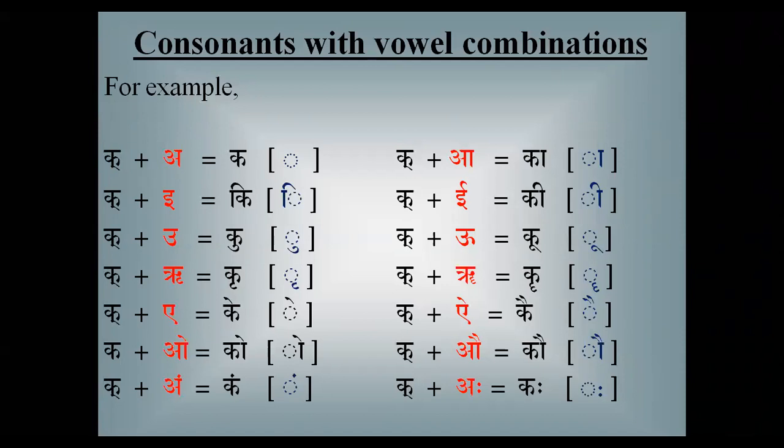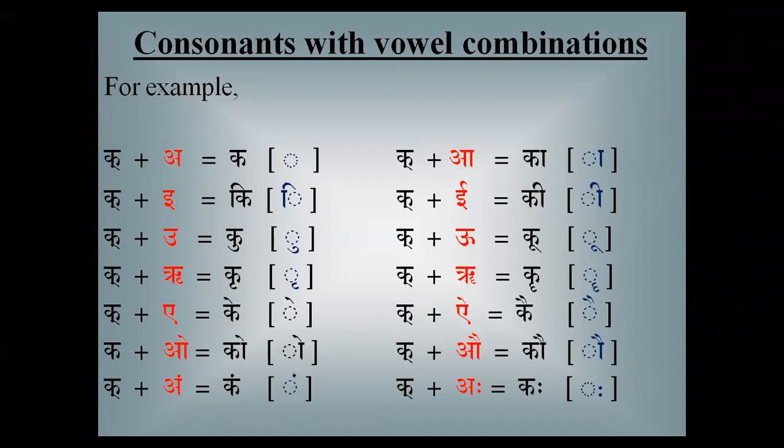So how many combinations are there? I have excluded the vowel l. I don't know whether you observed that. The l is not included. Why? Because we don't find that combination much in the language. Maybe one or two words may be there. So that is why I skipped that l part.